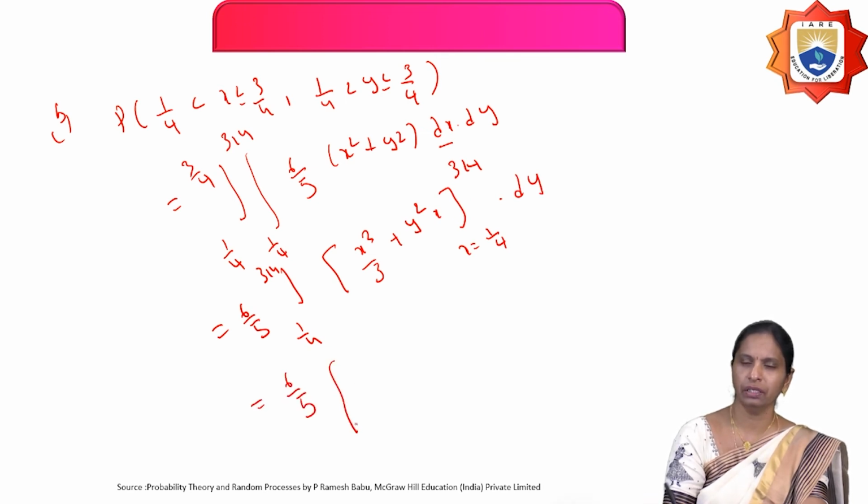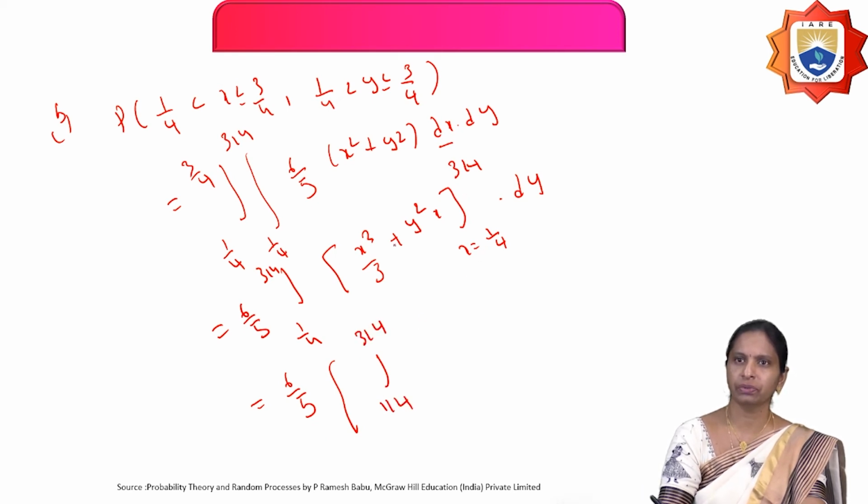6 by 5, integration 1 by 4 to 3 by 4. So in place of x substitute 3 by 4. So here, 3 by 4 whole cube by 3 plus y square into 3 by 4.